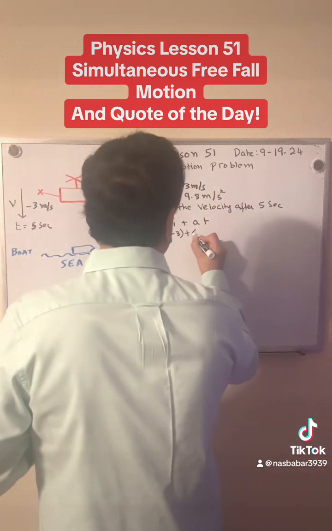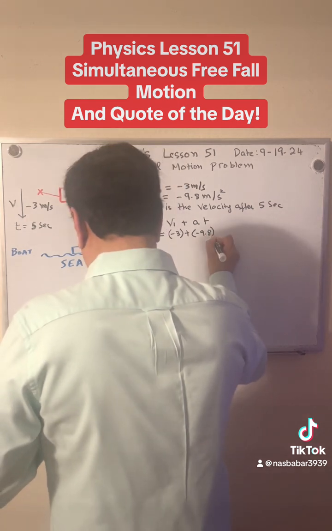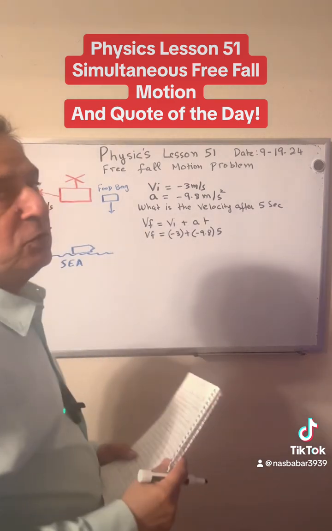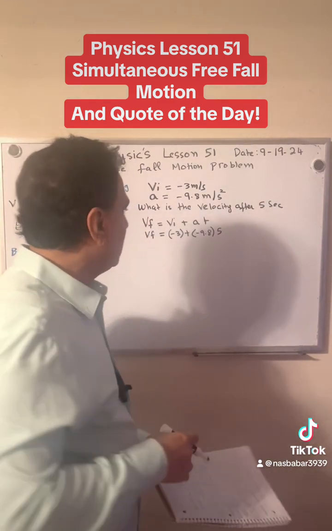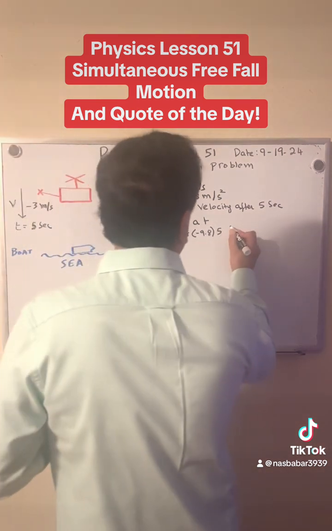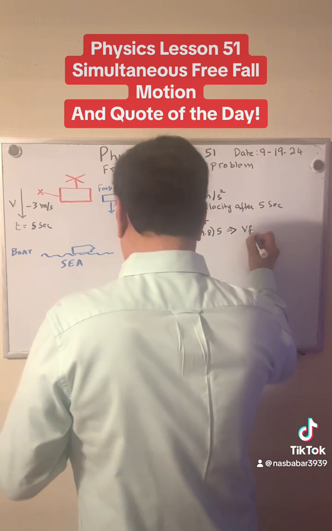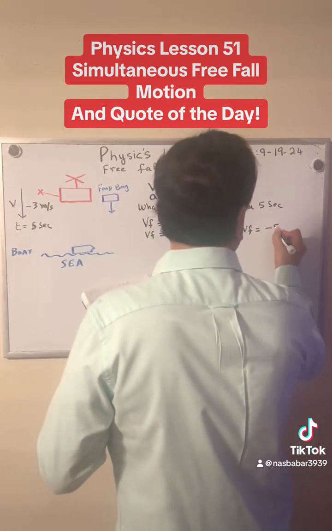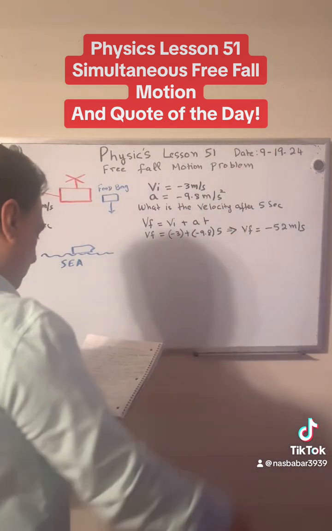So there is gravity, negative 9.8. And then the time is 5 seconds because they want to know the velocity of the food bag after it's dropped, after 5 seconds. So once you solve this, my friends, your final velocity comes out to be minus 52 meters per second because it's going down.